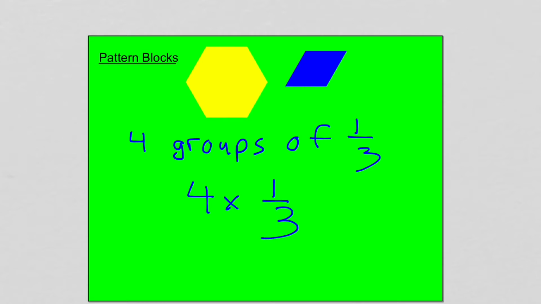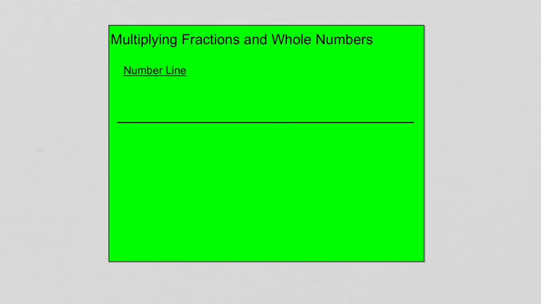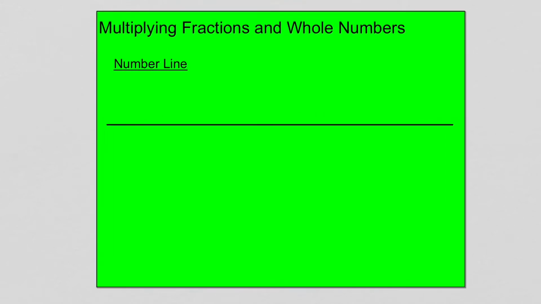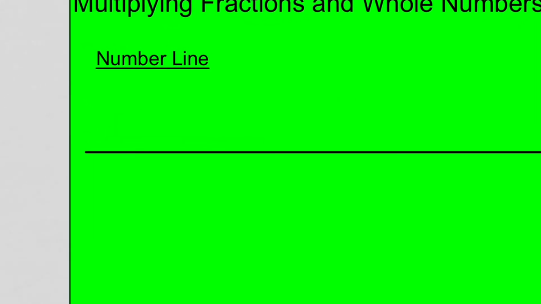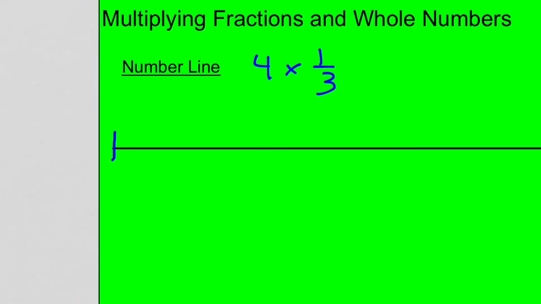And then we talked about what that would look like in many different forms. So one way was a number line. On a number line, we could start at 0, and if we wanted to show 4 times 1/3, or 4 groups of 1/3, we would count up by thirds 4 times.